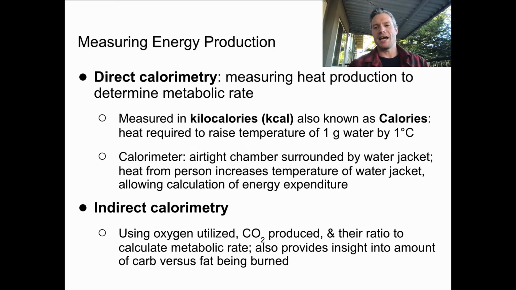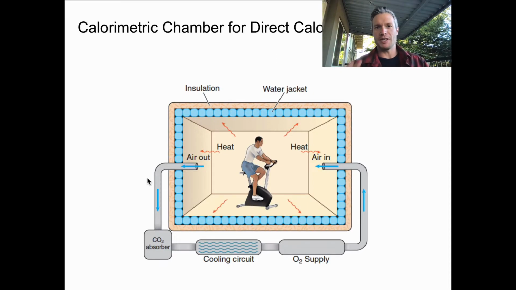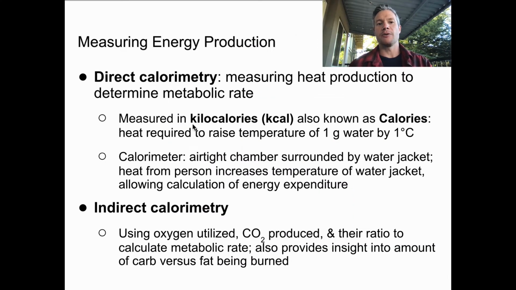So again, direct calorimetry is this closed system. It has this water, they call it a water jacket, but essentially water walls that will absorb the heat energy, and we use the change in temperature to determine directly how many kilocalories are exerted by that individual for that activity, okay? And a calorimeter, just in general, I should probably have mentioned this right off the top, we have calorimeters in science generally speaking.